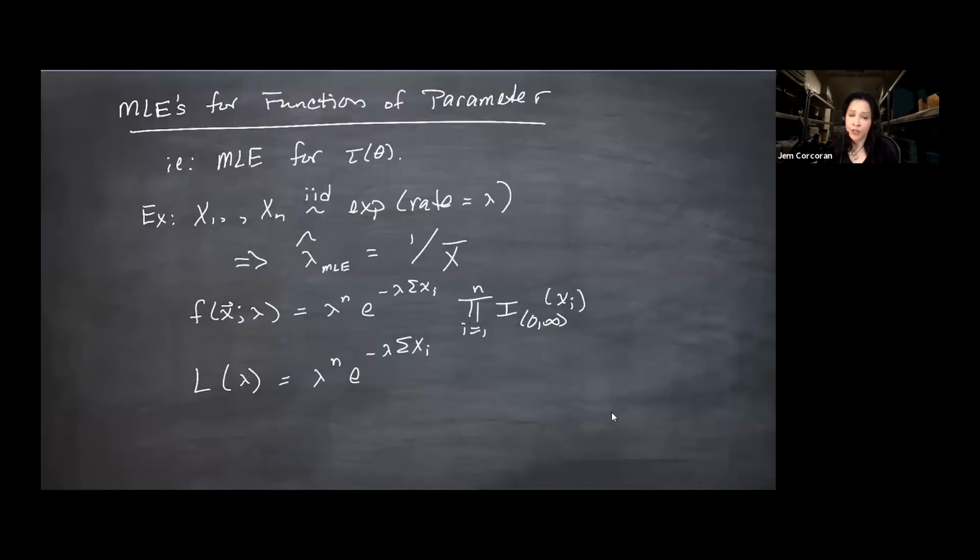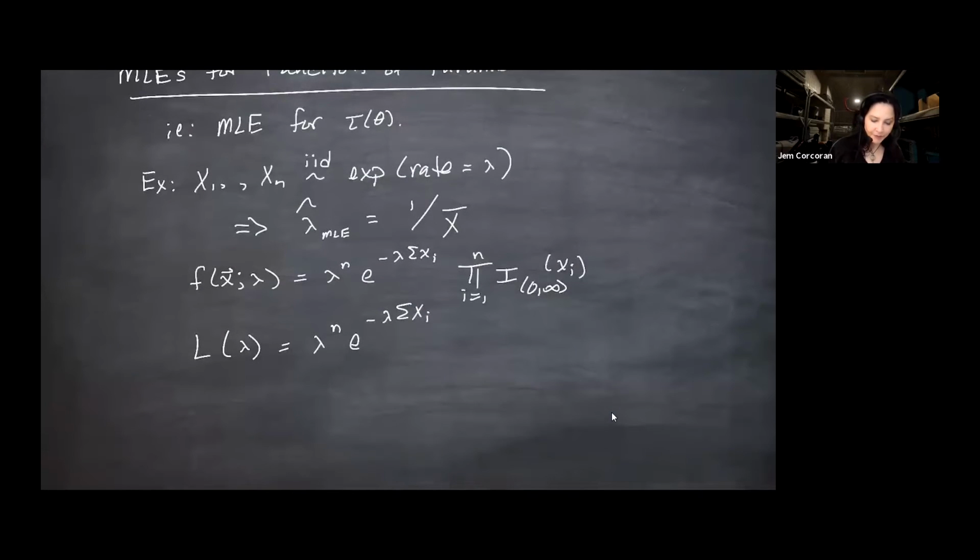So the likelihood is just this first part. One thing you could do is reparameterize this in terms of tau. So I've got a tau of lambda. Oh, I didn't tell you what the goal of this was. So let's find the MLE for lambda squared. And that's going to be my tau.